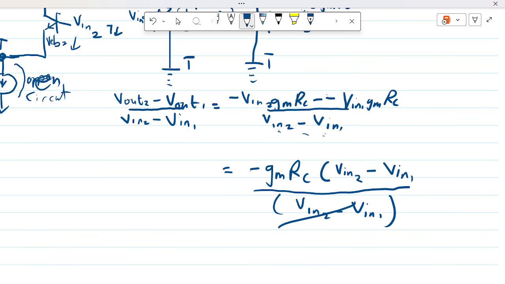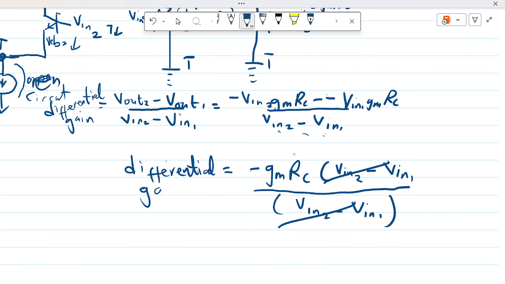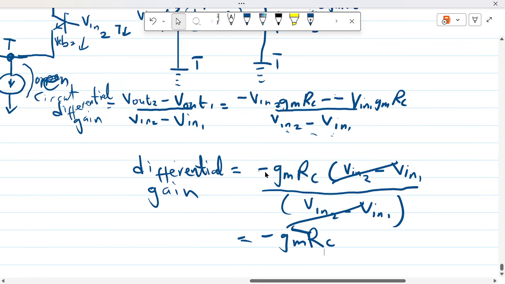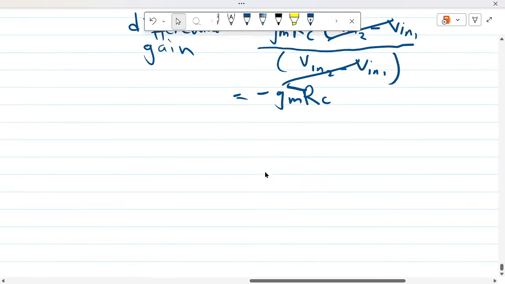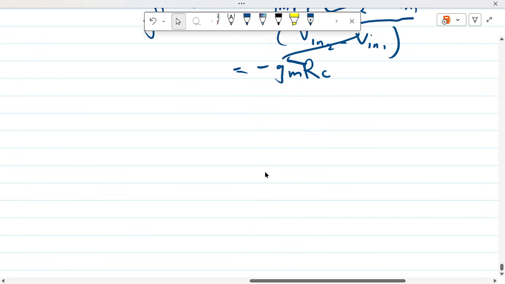Okay, so this cancels that. Then we confirm that this differential gain is given by the half circuit gain. And this is useful in working out gain of a differential amplifier.